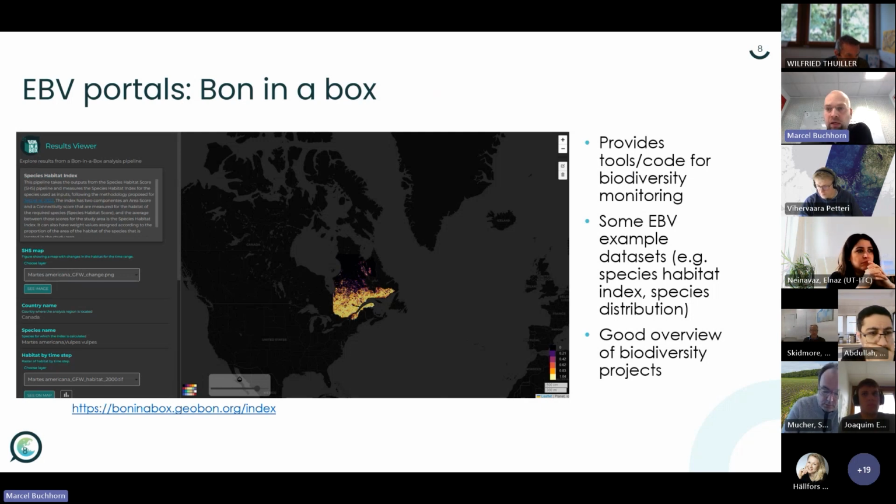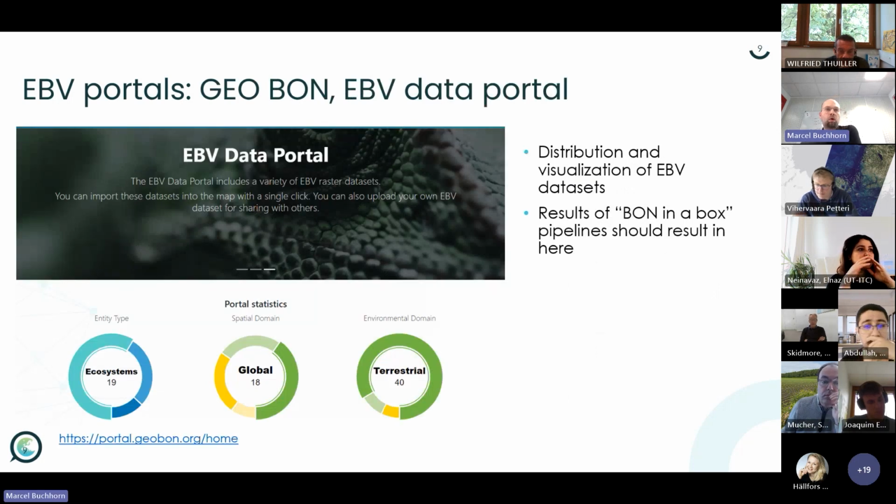There are some EBV example data sets like species habitat index, species distribution, but they also give a really good overview of biodiversity projects, which are currently running or have been running in the past. So if you go on this web page, you can definitely get ideas where to find additional data from these project web pages. One of the most important portals currently is the EBV data portal.